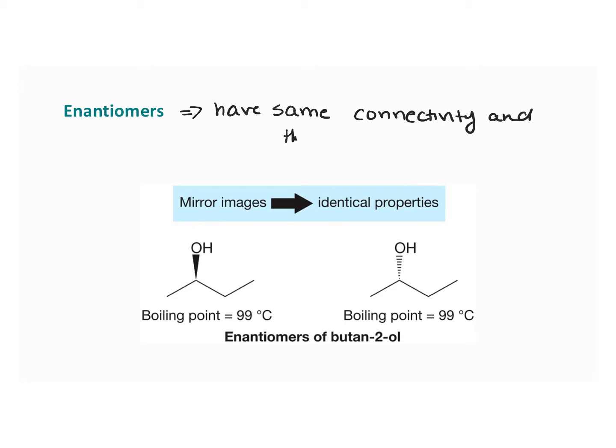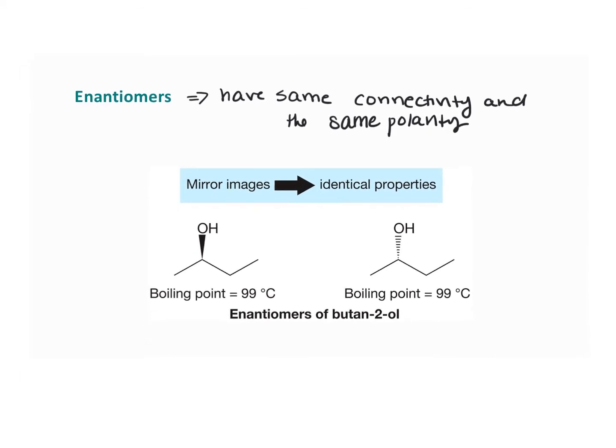So what we find is that in many situations, enantiomers generally behave identically. And so what we see here, for example, is the boiling point we compared before. The boiling point here is 99 degrees for this enantiomer of butan-2-ol, and this boiling point is 99 degrees.